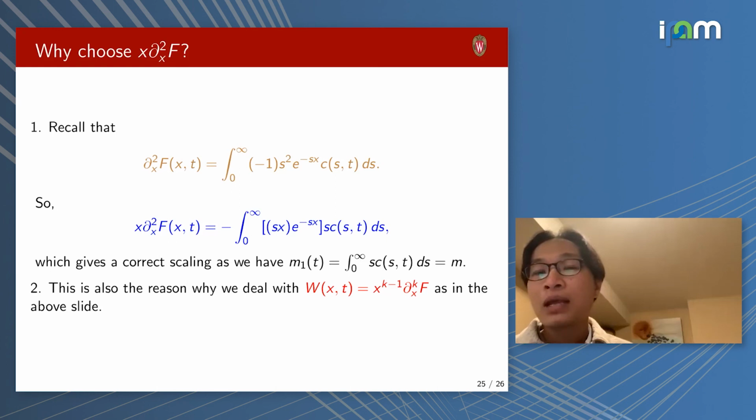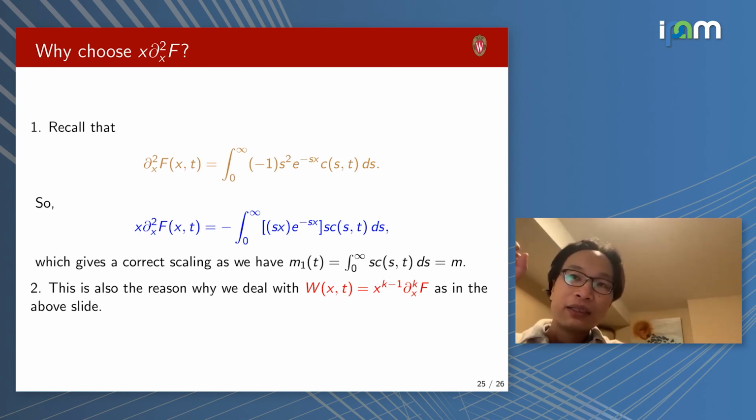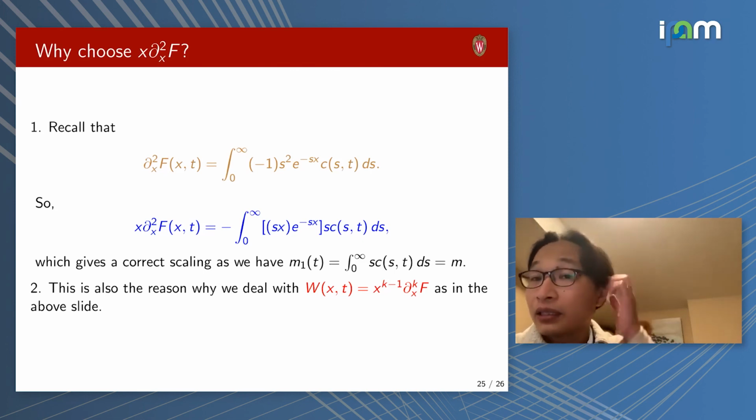We got the intuition from the Bernstein transform. If you write down fxx here, it's going to be s squared times e to the minus sx times c st dt, ds, I'm sorry. And we ask ourselves, what's the correct scaling? This kind of critical scaling comes up all the time in equations, because there are two competing effects. It turns out that the correct scaling is x times fxx.